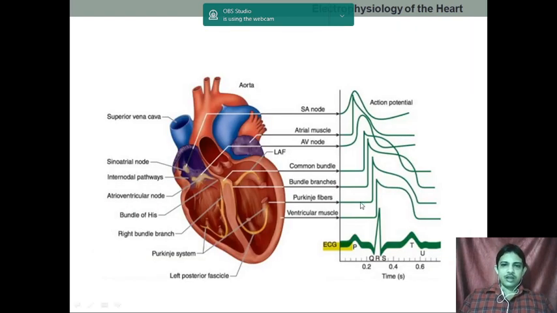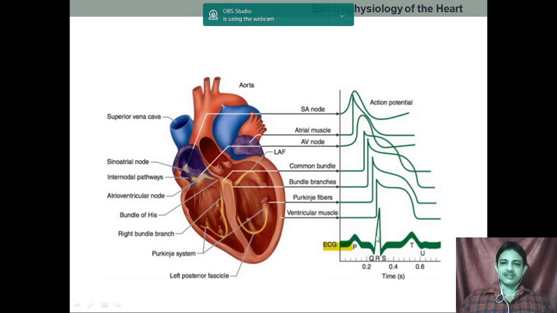Now whenever we are talking about this electrophysiology, how are we evaluating whether the heartbeat is proper or not? Of course through the ECG. If you see the ECG graph, clear?